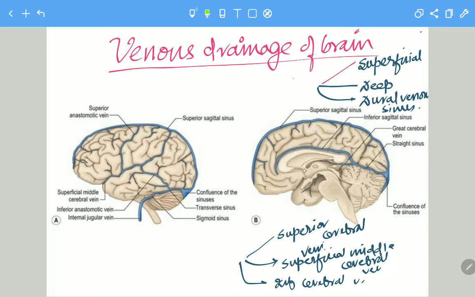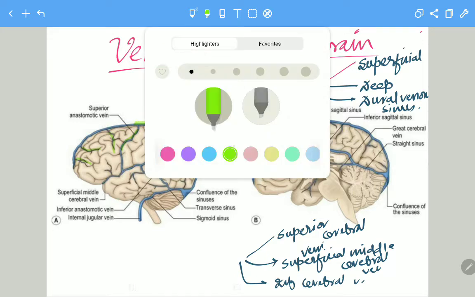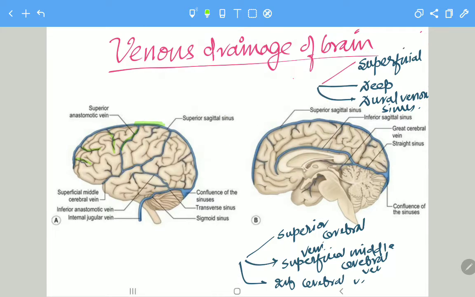Now if we look at the picture on the left of the screen, those in green where I'm marking are the superior cerebral veins. They mostly drain into the superior sagittal sinus, which is this one. The next group is the superficial middle cerebral vein, which runs along the lateral fissure, or the Sylvian fissure, as you can see.